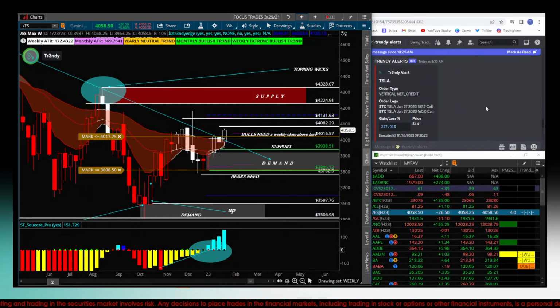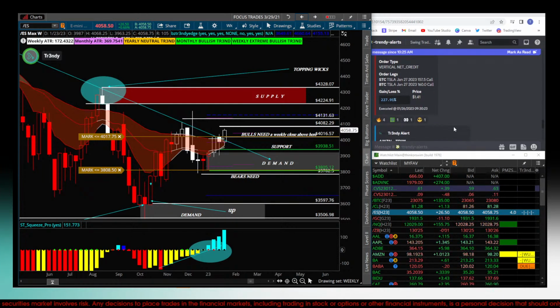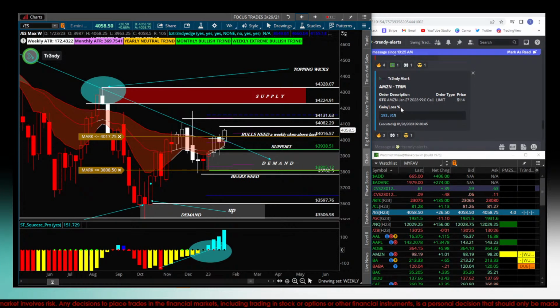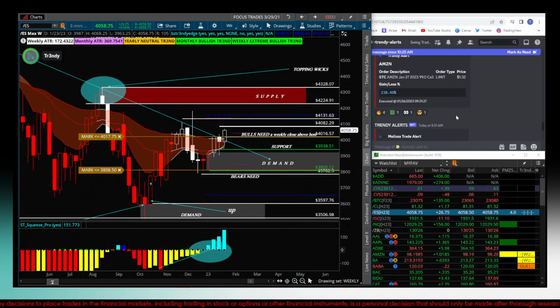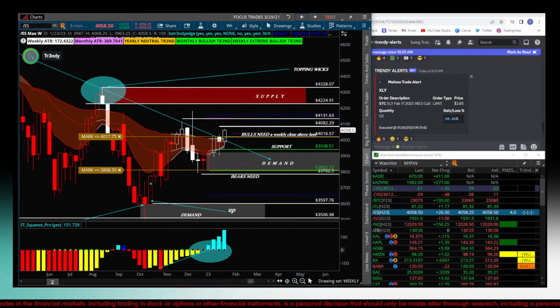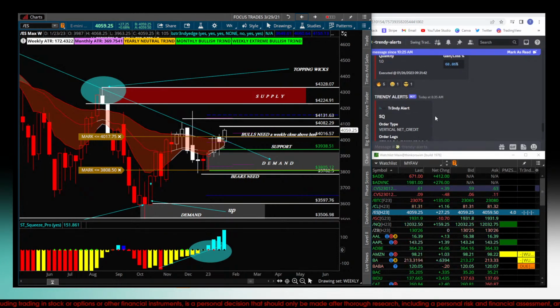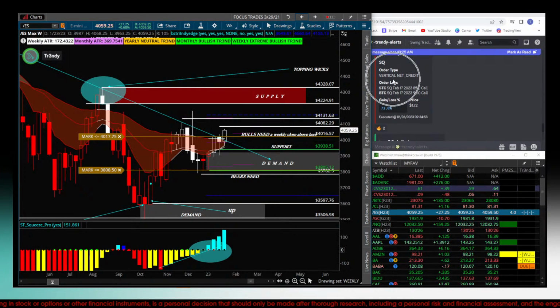Okay. Right here, you can see we closed Tesla for 227% positive. You can see here on Amazon, I trimmed at 192, trimmed again at 197, and then closed at 238% for the win. XLY, you can see Melissa here had a nice gain of 68% in this particular trade. And then moving on down, you can see I finally closed my square.